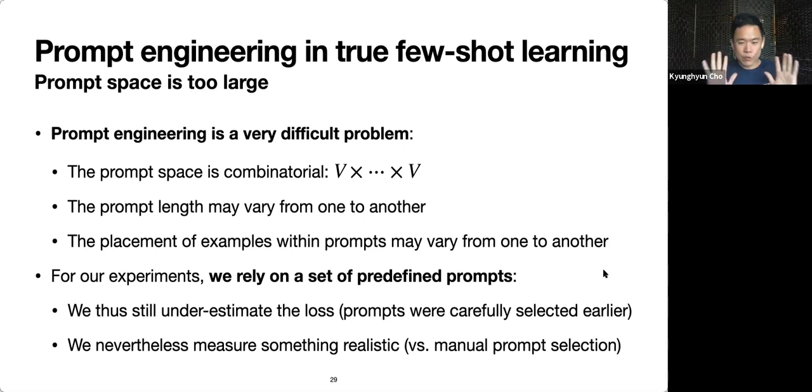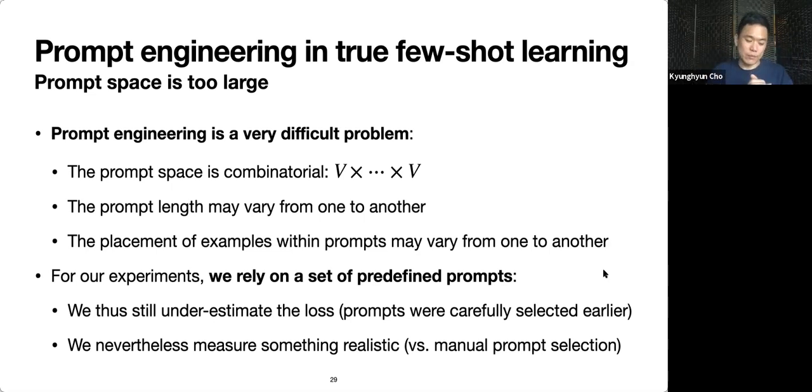So we are going to rely on a set of predefined prompts coming out of previous studies, as well as some of the automated methods. What that means is that we are still going to underestimate the loss or overestimate the accuracy compared to truly doing the combinatorial search or some kind of approximate search on the entire prompt space.